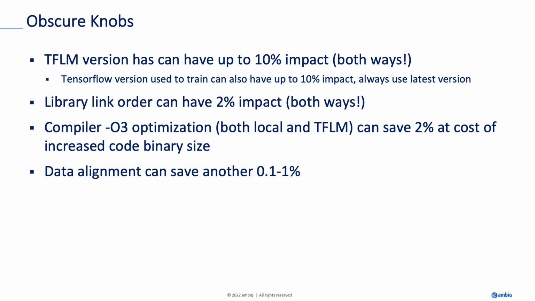But we have a script that will read that into memory, copy it somewhere where the compiler forces the alignment, and then copy it back into a padded version of that. So your weights go up by a few bytes, not a lot, but you can save up to another percent. Not always. Sometimes I see 0%. Up to 1% is the most I've seen.